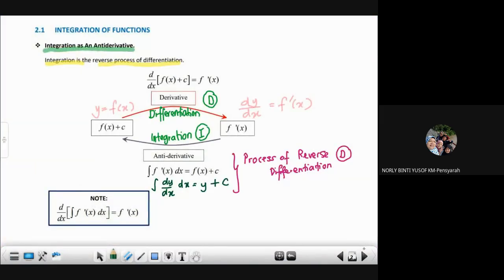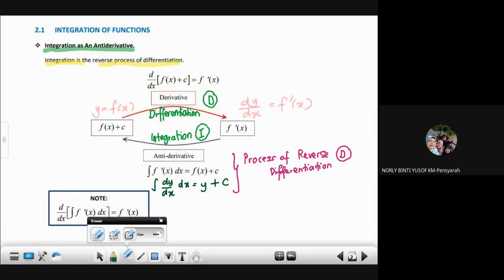Ni pun Madam dah explain. So I'm not going to explain again. Cuma dekat nota tu, yang kotak ni tak ada dekat you punya tutor. Cuma kalau you differentiate the integration of f prime x, you akan dapat f prime x. Maksudnya integration tu akan hilang. Sebab kalau you differentiate y, you dapat f prime x kan.